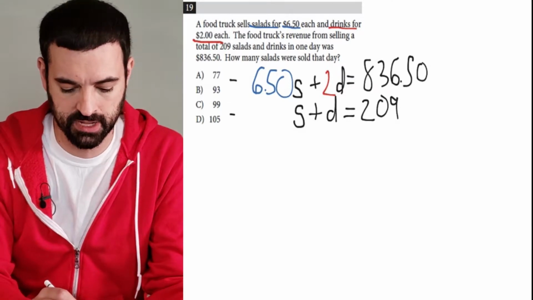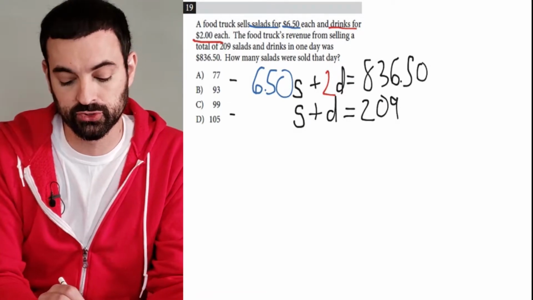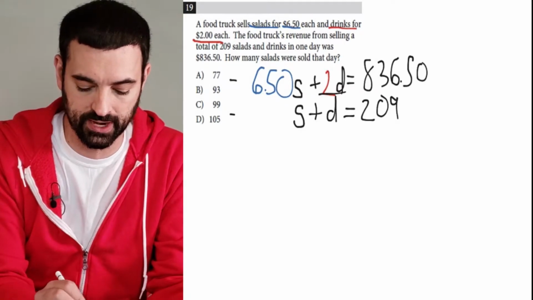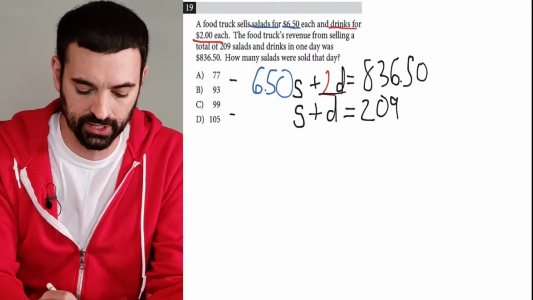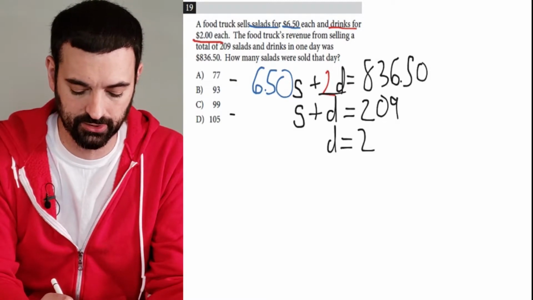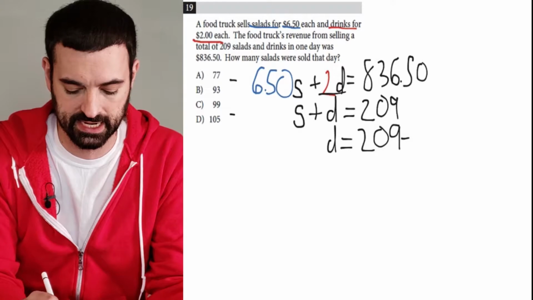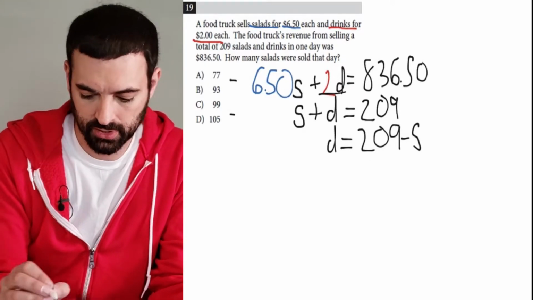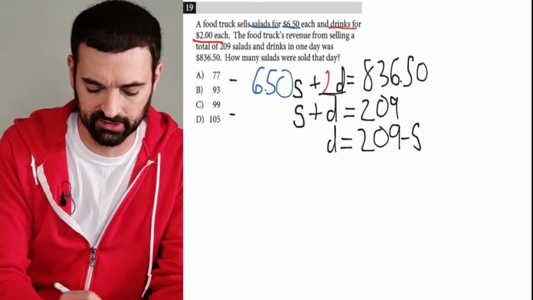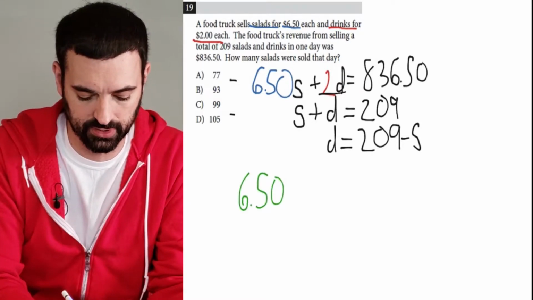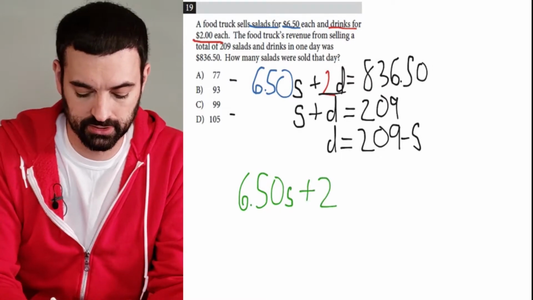Let's substitute where we isolate D because we've got 2D right here, and that's an easy number to work with. So we're going to say that D equals 209 minus S. And then I'm going to change colors just to clear things up a little bit. Let's say that 6.50S plus 2.